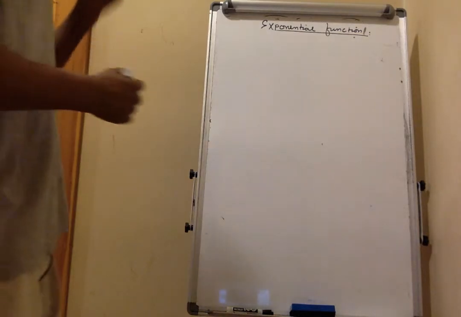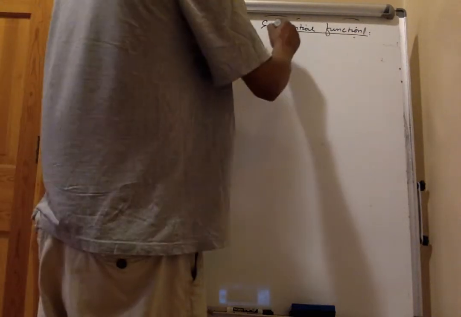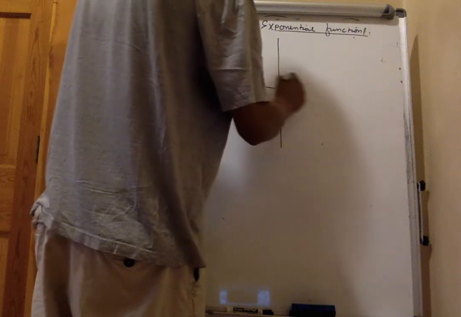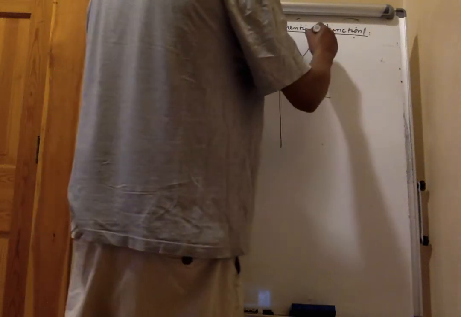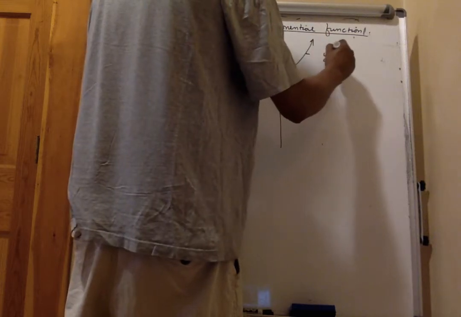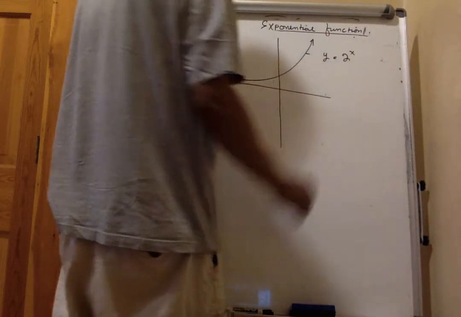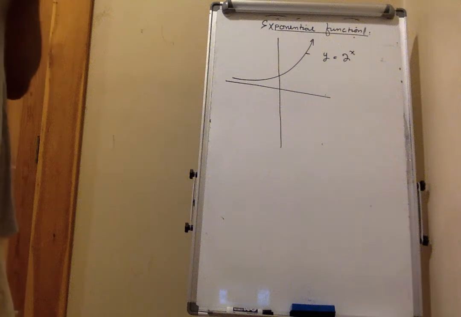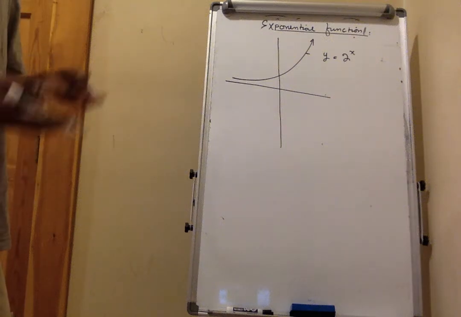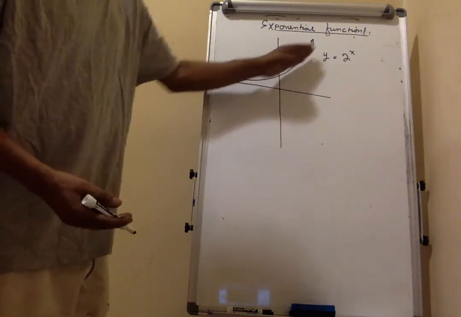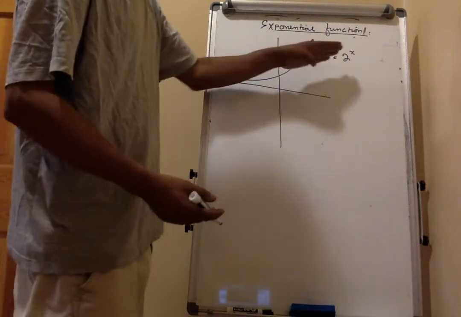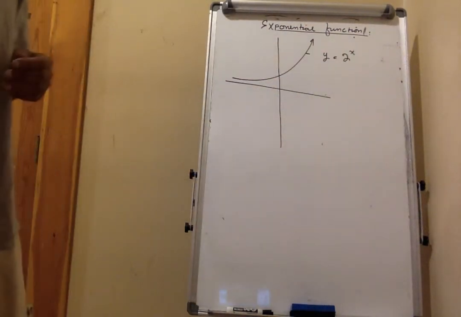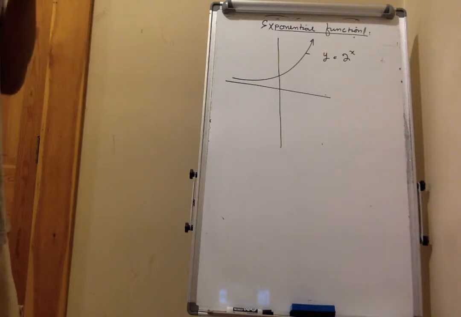Before I do that, there is another one. Let's say this is the graph of y is equal to 2 to the x. If it increases, because this is the smallest integer base, let me say it could be 1.5 to the x or 1.7 to the x.